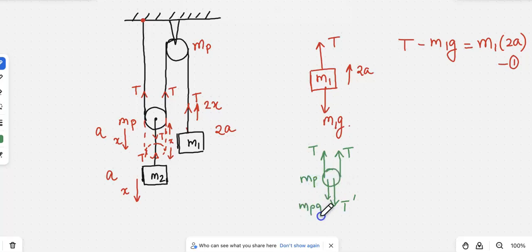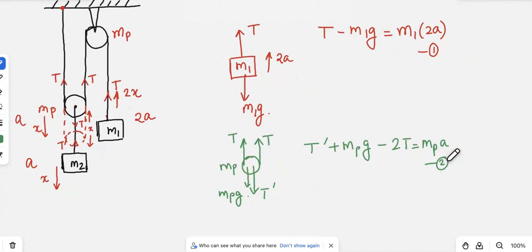We should not forget that. So this is mpg. So now I am assuming m2 is going downwards, so that means mp is also going downwards. So we have T dash plus mpg minus 2T is equal to mp times a. That is the second equation.